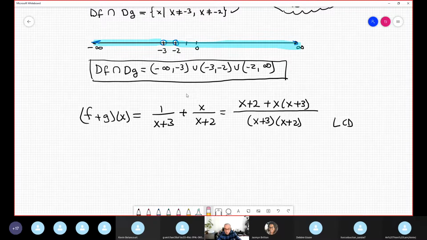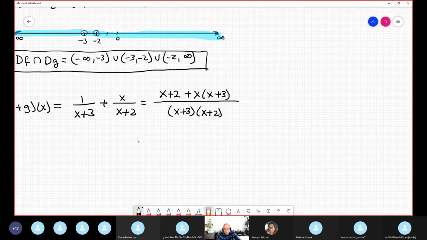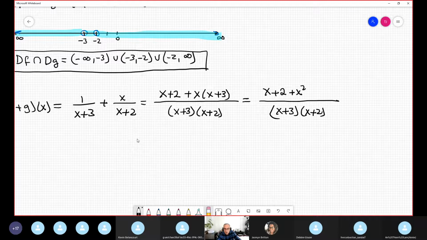We remove the parentheses and combine like terms, if possible. Then it's x plus 2 plus x squared plus 3x. I'm distributing the property and combining, and organized it is x squared plus 4x plus 2, because 1x and 3x together is 4x.